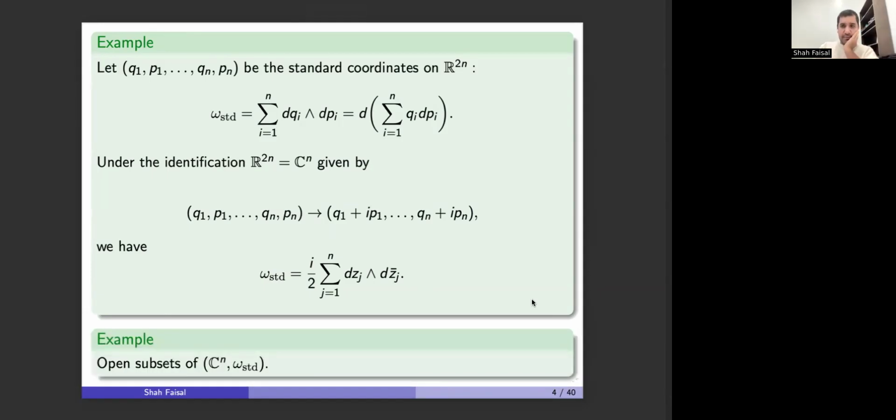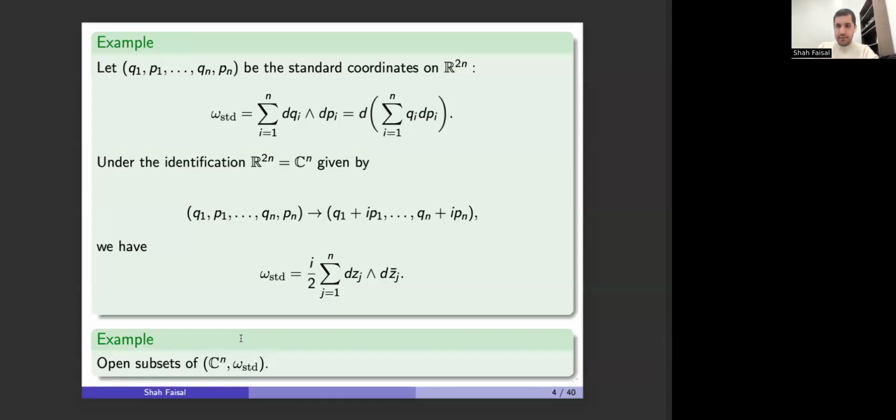And other examples, of course, you can just take any open subset of the Euclidean space, and then the restriction of the standard symplectic form will give you a symplectic structure. There are other nice subsets of Cn that are very important in symplectic topology, and they're called toric domains.